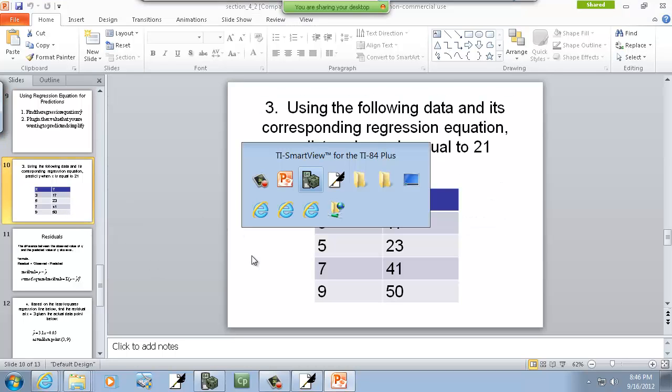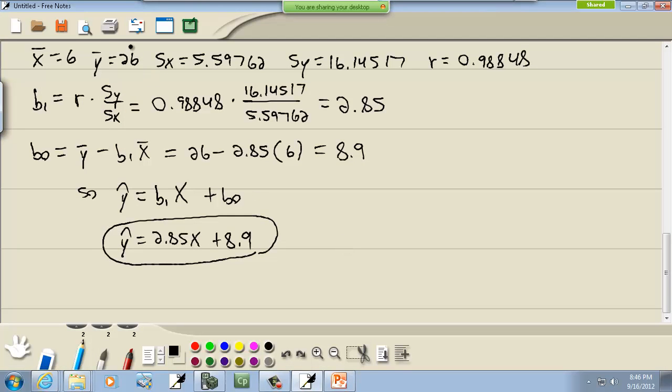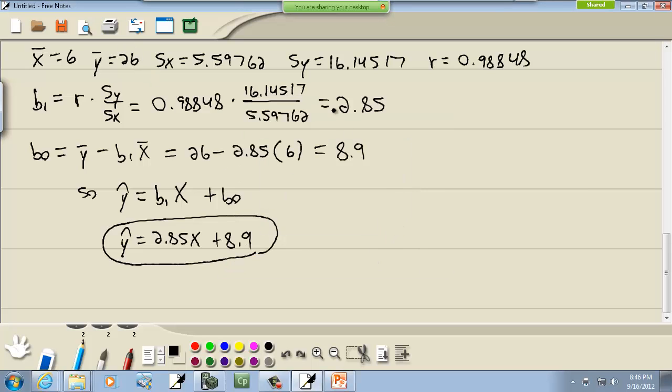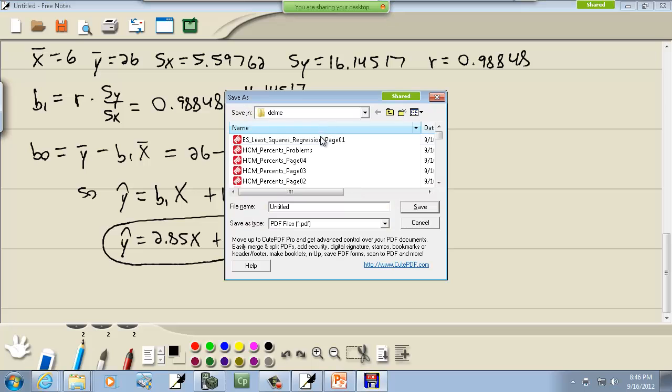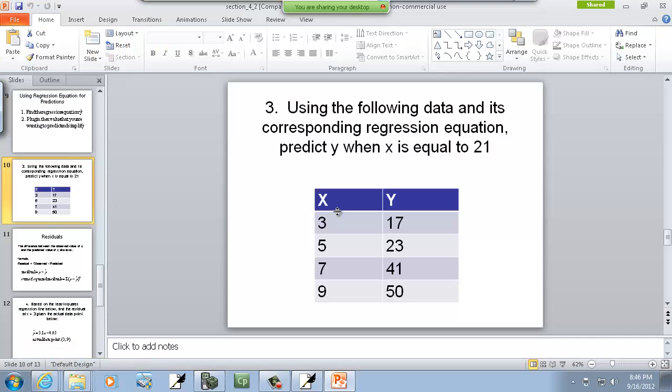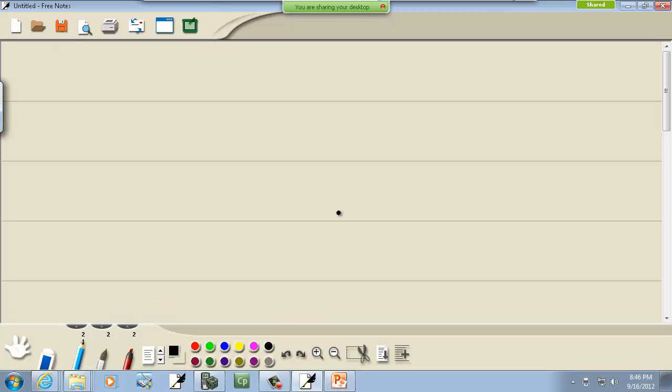So let's look at this problem. And let me save this off. And this is problem number 3. And they give us some x and y values.